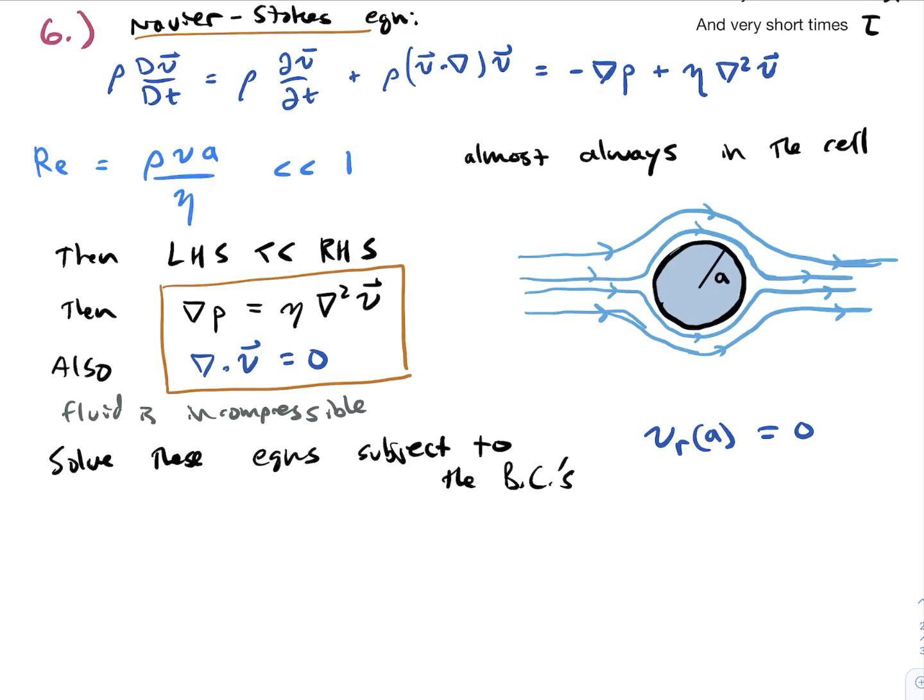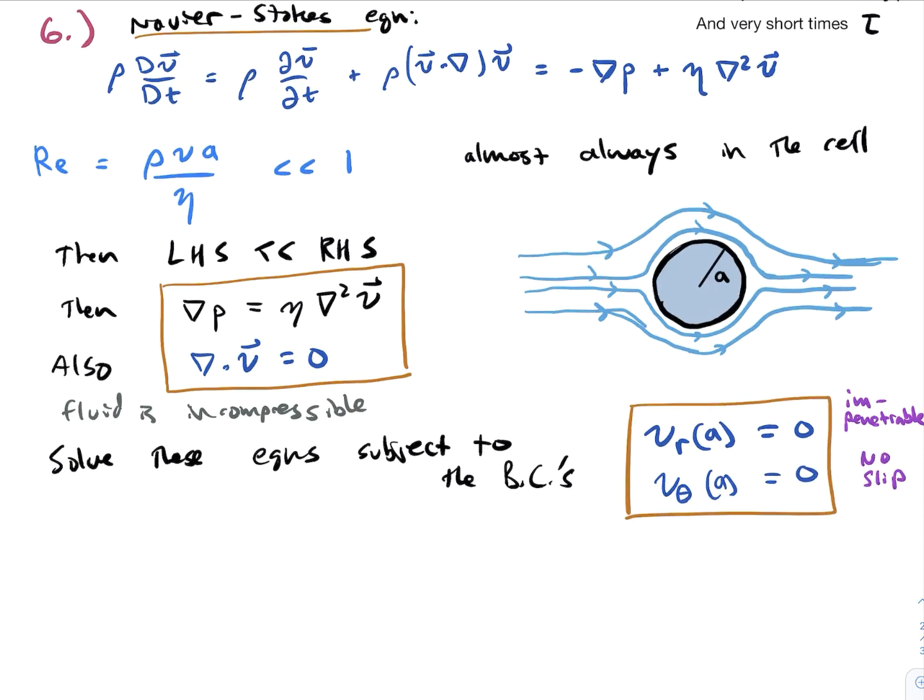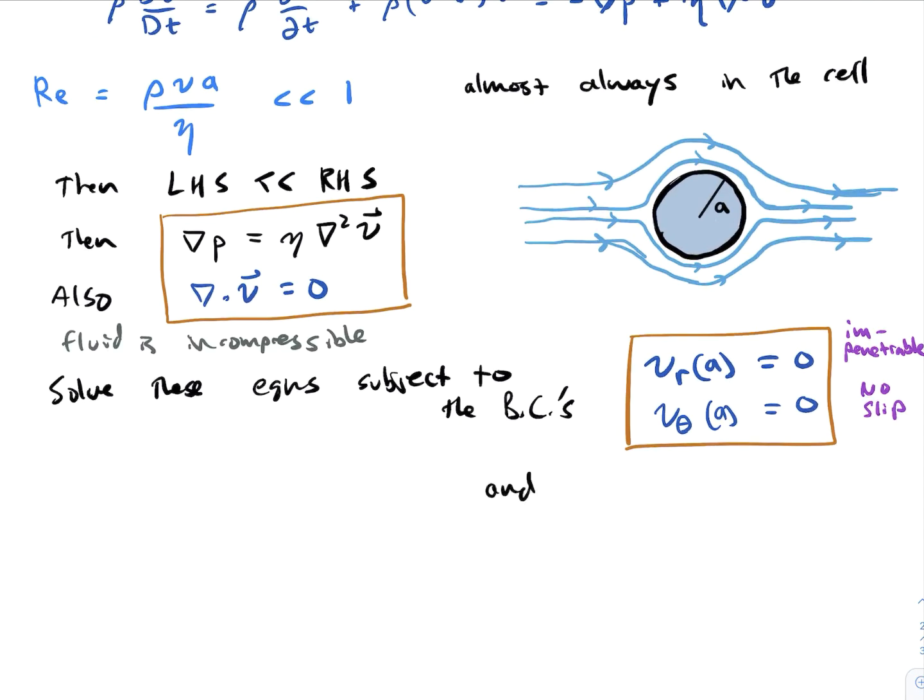The sphere is impenetrable, so v_r, the radial component at radius a, is equal to 0, and the fluid can't slip across the sphere. The water sticks to the sphere, so v_theta at radius a is equal to 0. That's the no-slip condition. There's another boundary condition at infinity, which is that the fluid flow has to be in the z direction. I think I've turned the z around there.